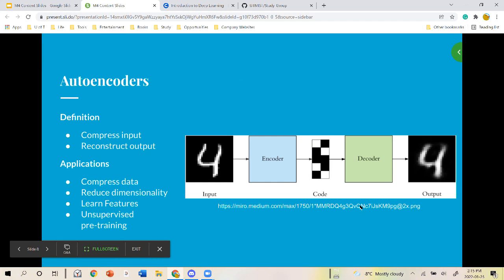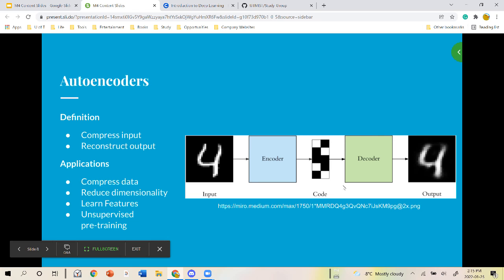I pasted this image here. So what it does is it's able to, first of all, compress the input. As you can see in this example here, this is also an UTMIST example, you have a handwritten 4, and then the encoder is able to compress it into this code.